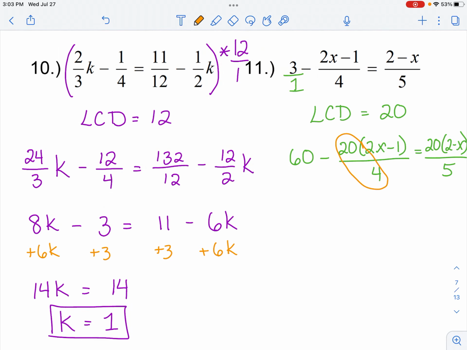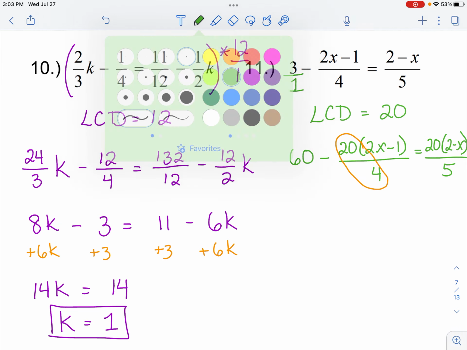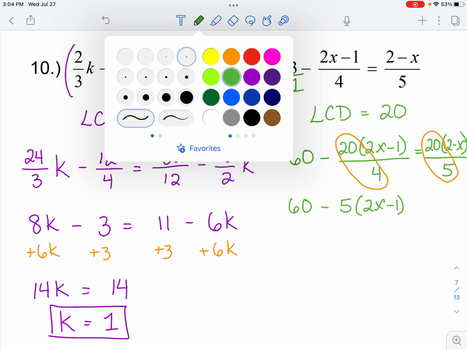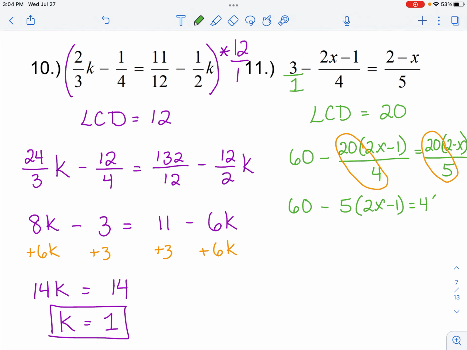Well, right here, 20 divided by 4 is 5. So I can rewrite this equation as 60 minus 5 times 2x minus 1. I don't have to distribute the 20, right? And similarly, over here, I can do the 20 divided by 5 is 4 times 2 minus x.